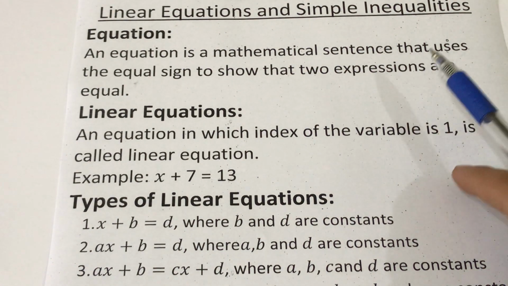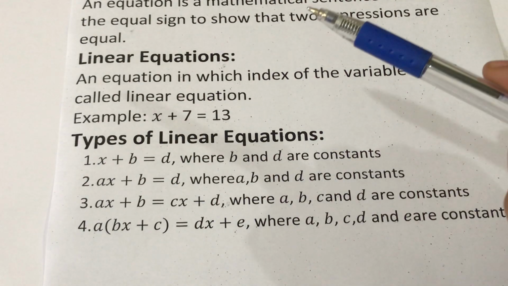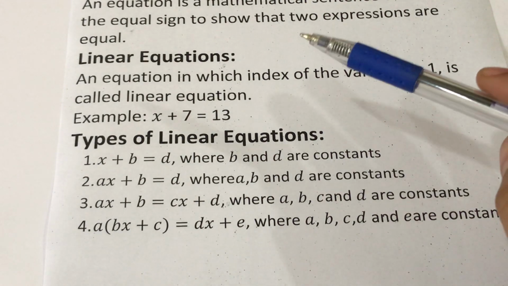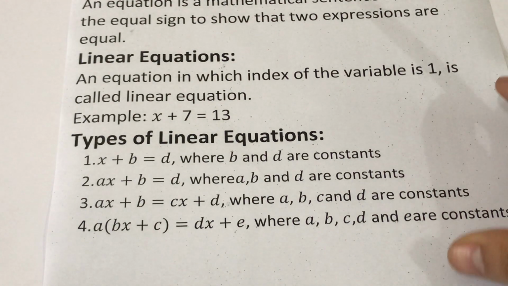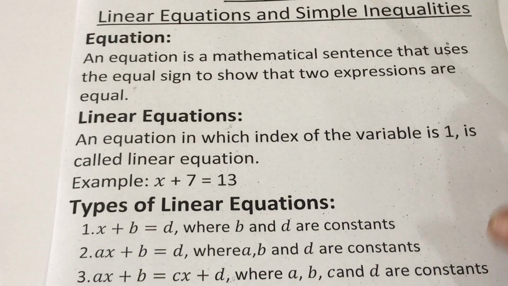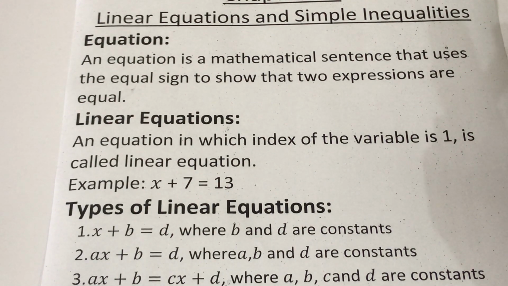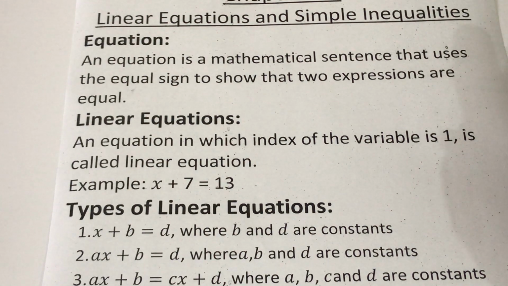So how many types of linear equations do we have? We have 1, 2, 3 and 4 types of linear equations. Understood? Hope you have understood the concept of equation and linear equation, and the difference between an equation and an expression, right?